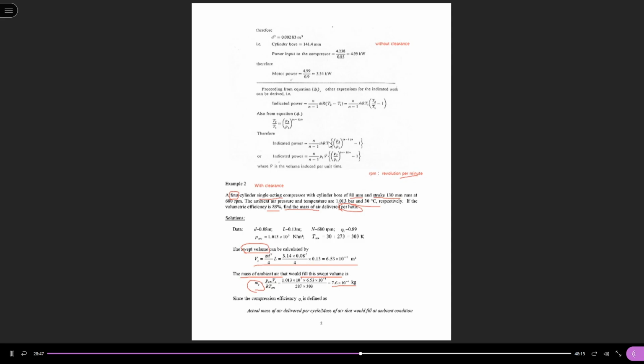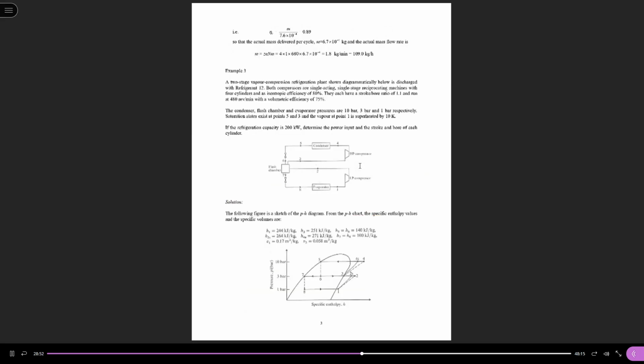Then we consider the compression efficiency. Per cycle, we can induce this much air into the cylinder, and this is for 1 cylinder.